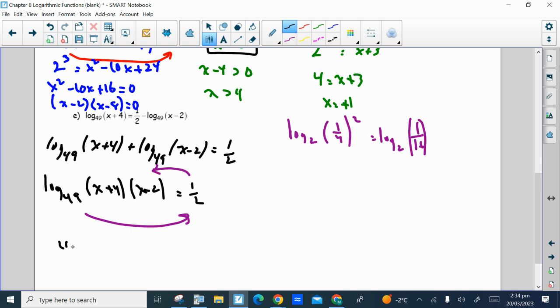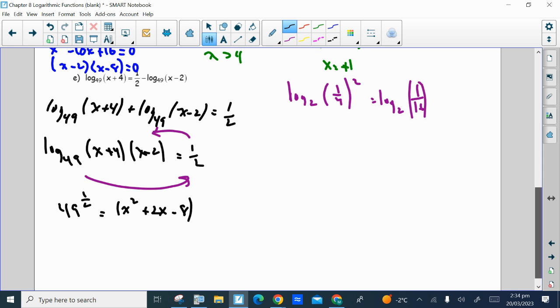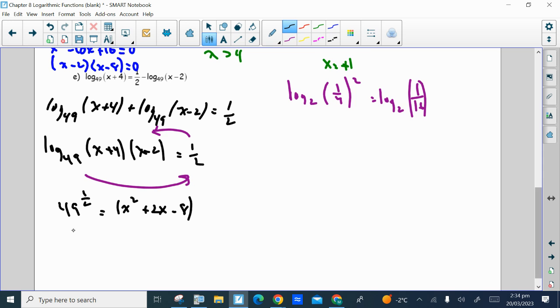And so when you do that, you're going to have 49 to the power 1/2 equaling x squared plus 2x minus 8. 49 to the power 1/2 is the same as the square root of 49, which is 7.